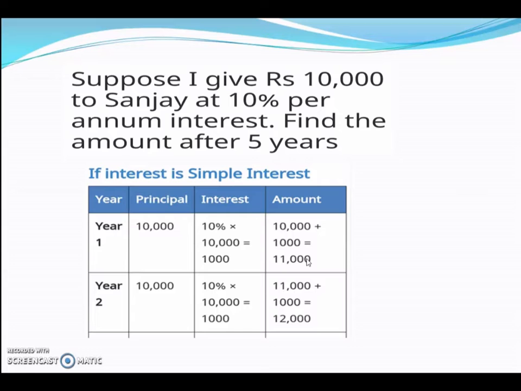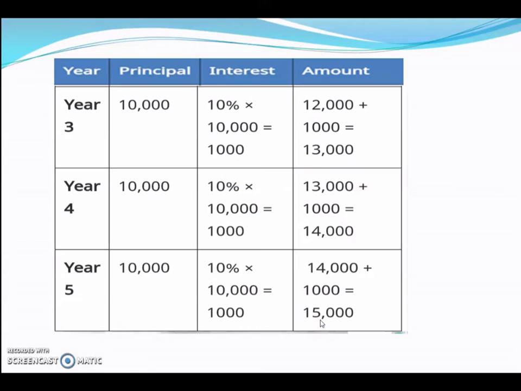Same way for the second year, again 10% of 10,000, that is 1,000, will get added to this 11,000, so it will become 12,000. So 1,000 rupees is going to get added every year till 5 years. In the third year it will become 13,000. In the fourth year it will become 14,000. And in the fifth year it will become 15,000.